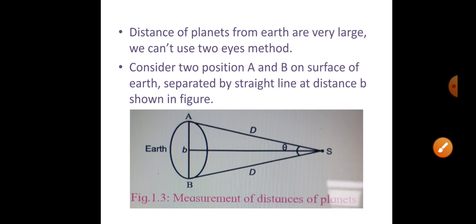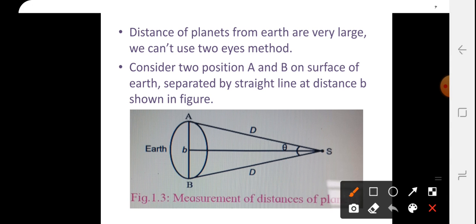In this figure, two positions A and B are separated by distance b, the straight distance between A and B. S is the position of the planet, observed from A and B on Earth.